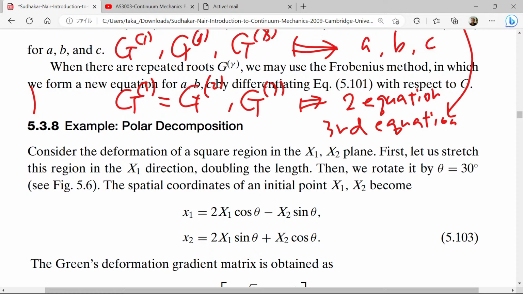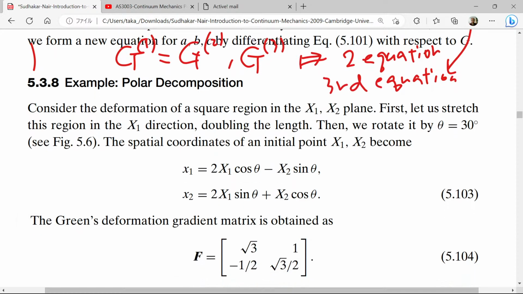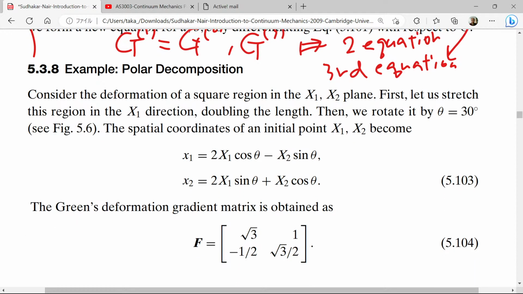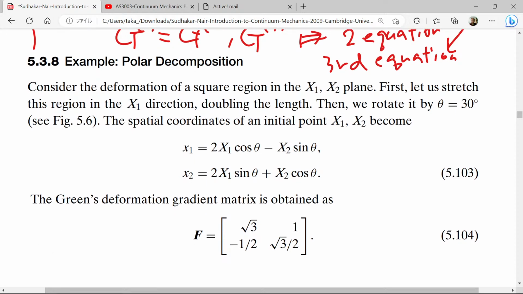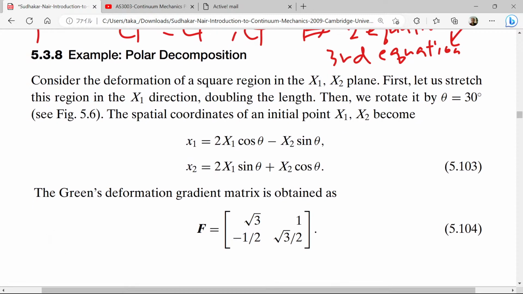Example 5.38, polar decomposition. Consider the deformation of a square region in the x1, x2 plane. First, let us stretch this region in the x1 direction, doubling the length.